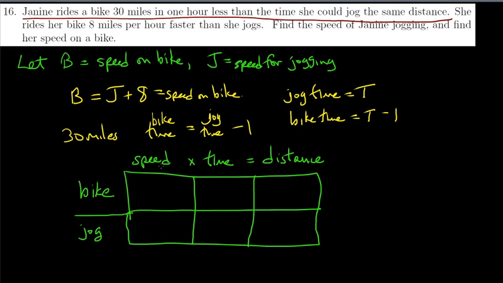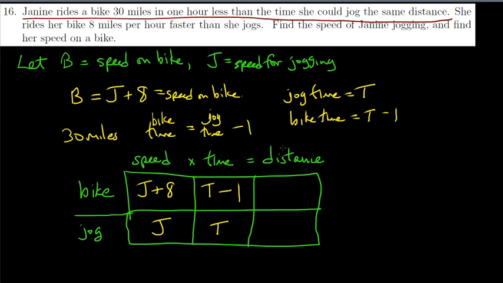So the speed on the bike is, well, we called that b originally, but remember, b is also just j plus 8. And the speed for jogging, well, that's just j, right? That's what we're calling it. Now the time. The time for jogging is t, and the time on the bike is t minus 1.